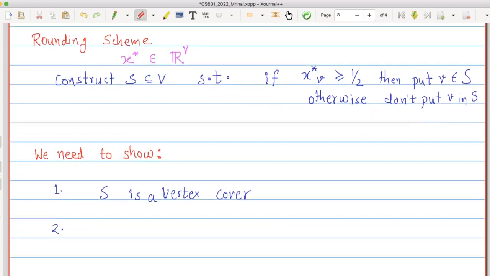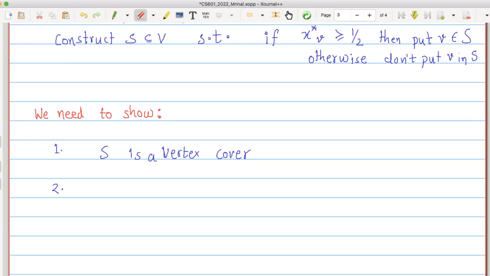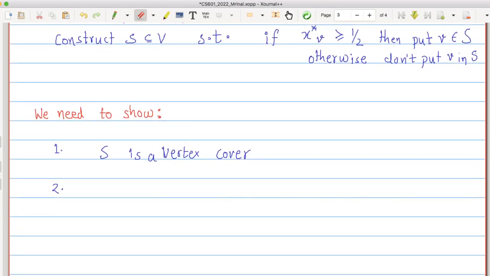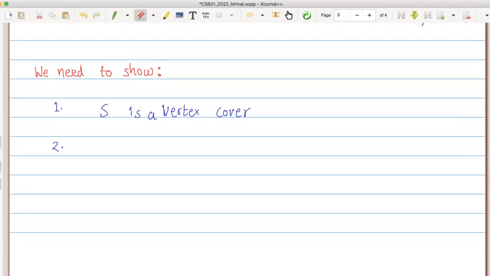So how do you prove that? If you want to prove S is a vertex cover, that means for any edge you would like that at least one endpoint is selected, right?